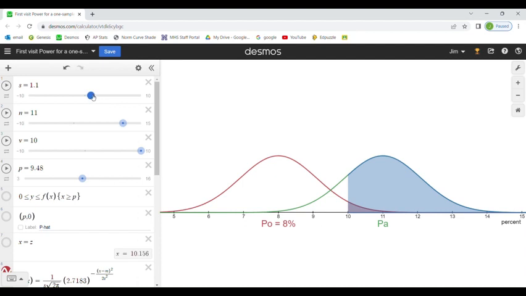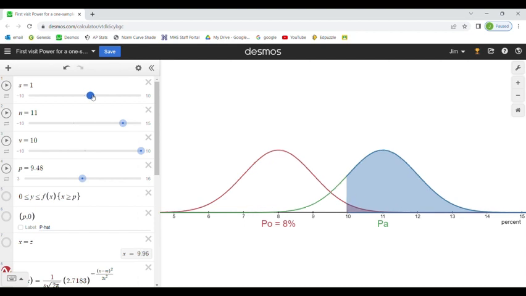So if we increase the sample size, remember, think about this, as the sample size increases, the spread, or standard deviation, of our sampling distributions will decrease. So both of these sampling distributions will get a little narrower and a little taller.